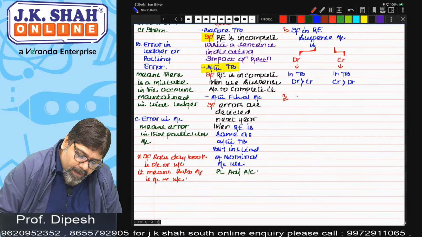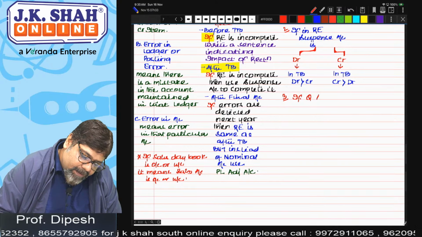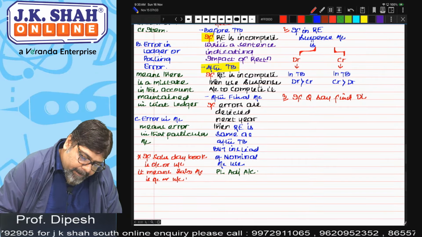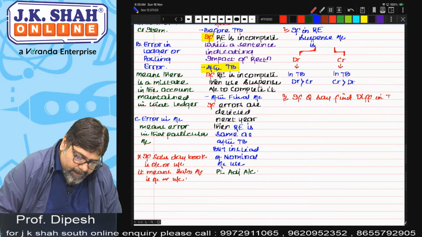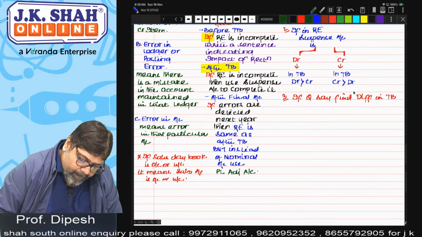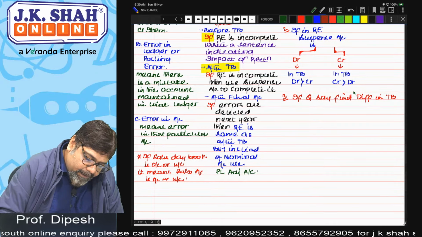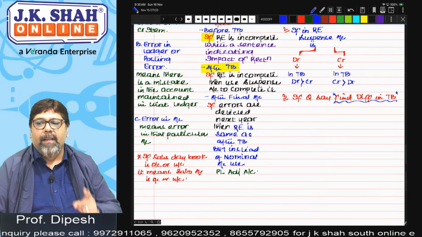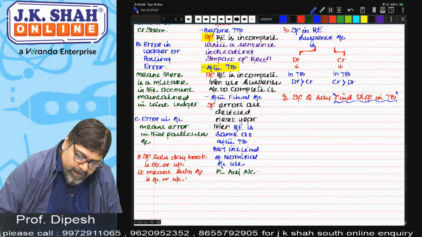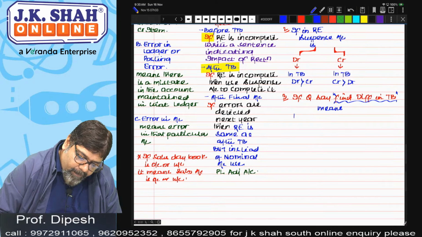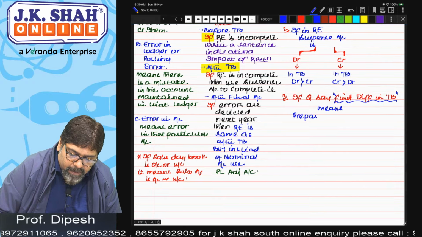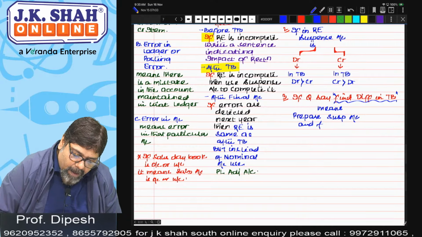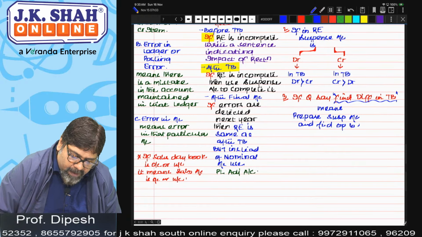Three. If question says find difference in trial balance, that means prepare suspense account and find opening balance.